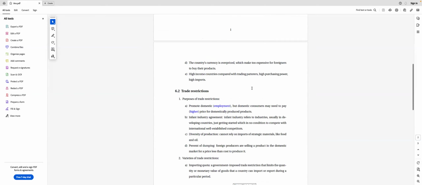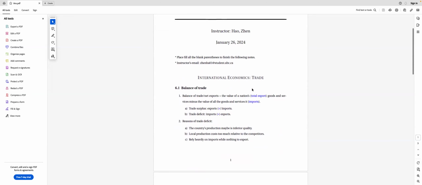So what is the reason? Actually, we have learned the most important thing of international trade. Basically, it's about how to calculate absolute advantage and comparative advantage, like who has a lower opportunity cost.